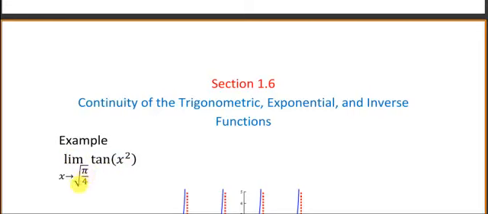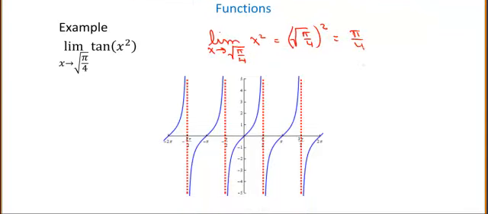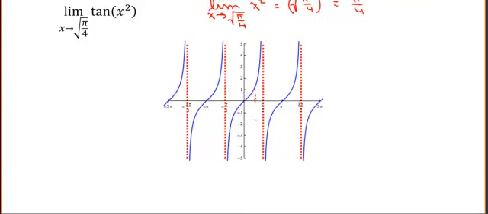The limit as x approaches the square root of pi over 4 of x squared is going to be pi over 4. Pi over 4 is in the domain of tangent, so tangent is continuous at pi over 4.